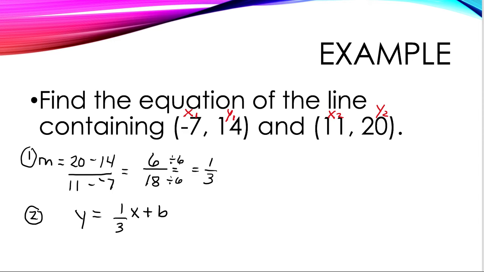It doesn't matter which set you use. I'm going to go ahead and use the first set. So in place of the x, I'm going to put -7. And in place of the y, I'm going to put 14.